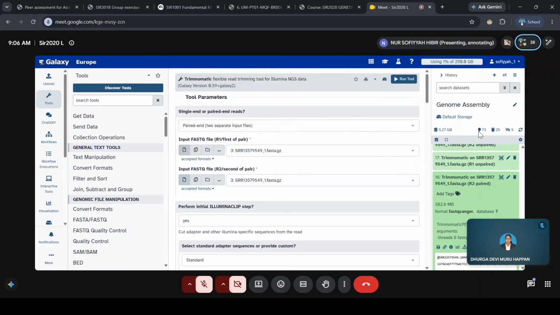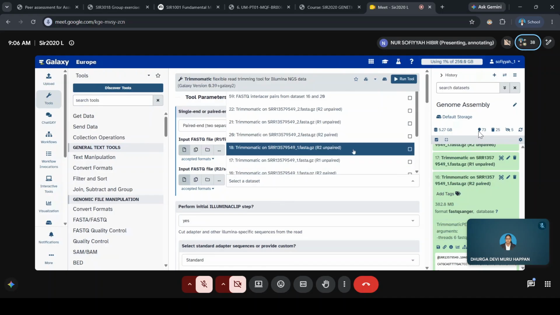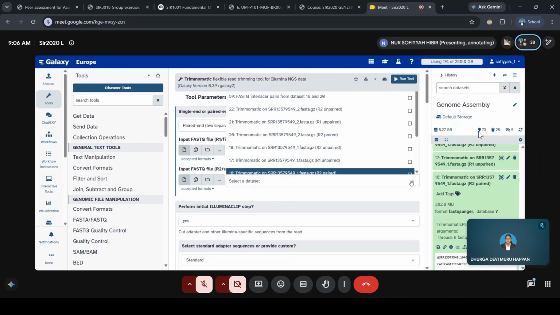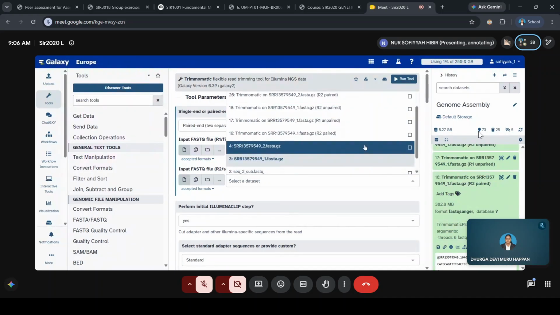Yes, let me check. Trimmomatic. So FastQC, short read. So it's in here, I have to change this one. No, wait, where is the Trimmomatic part?